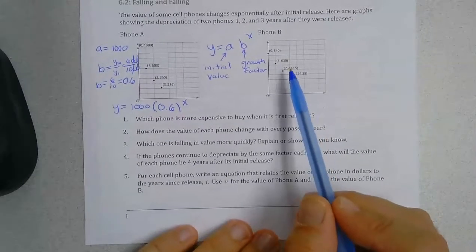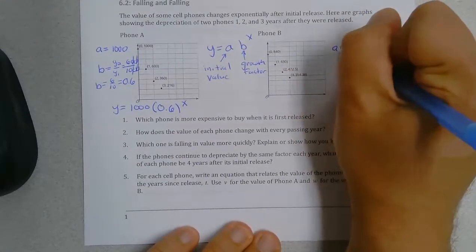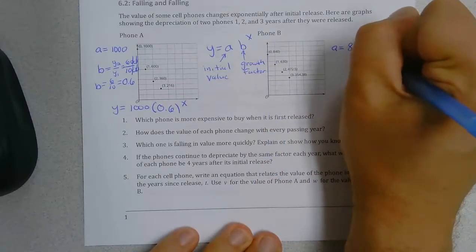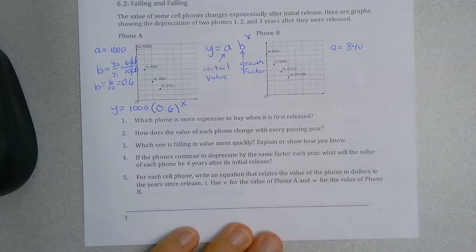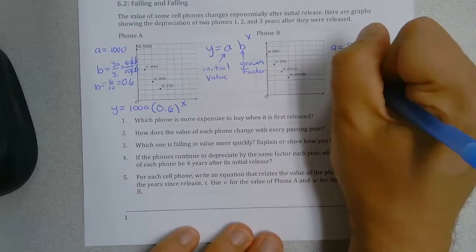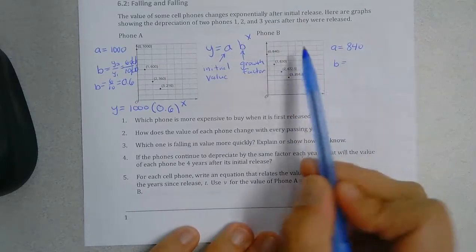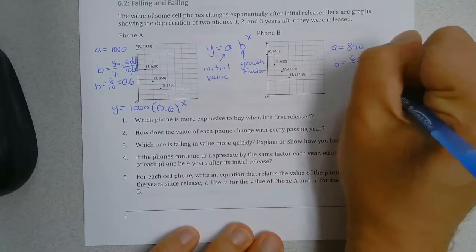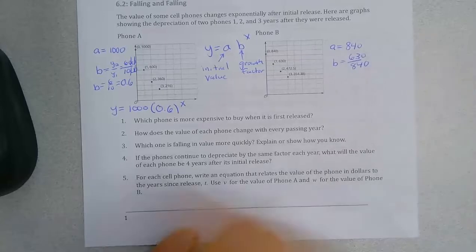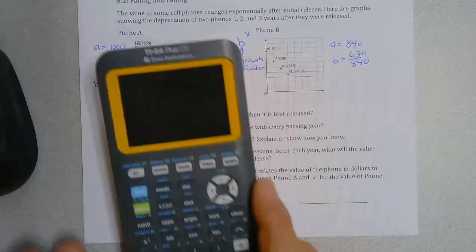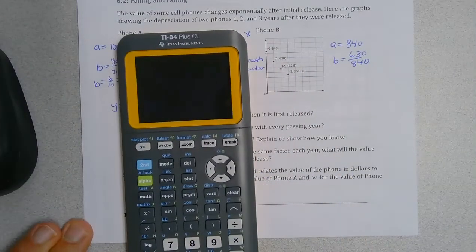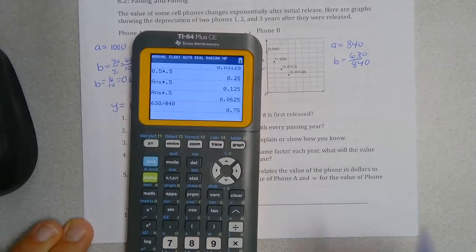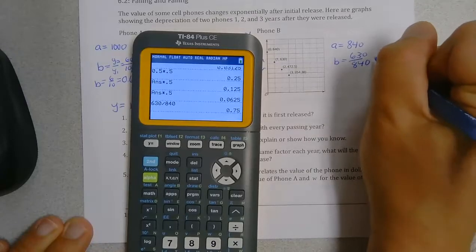And if we look over here, for this phone the initial value is 840. My growth factor here would be 630 divided by 840, and that is 0.75.